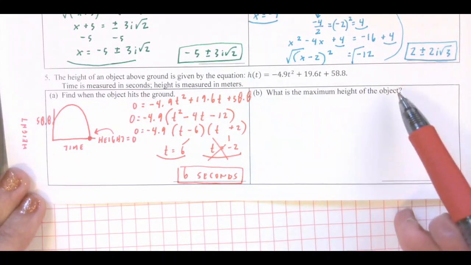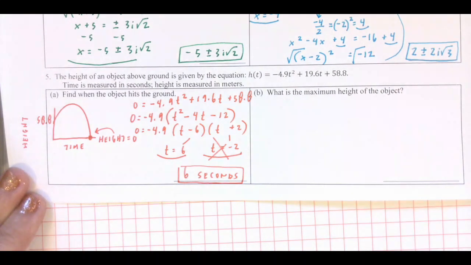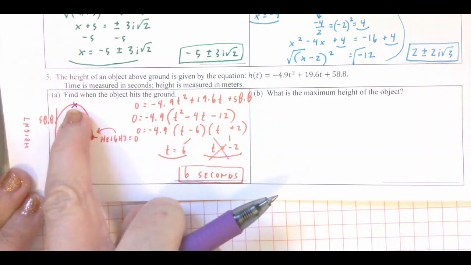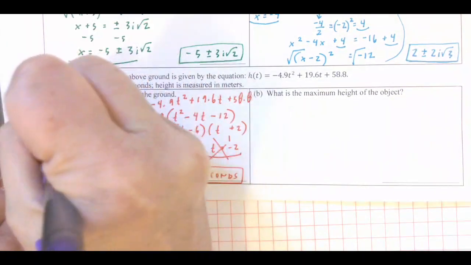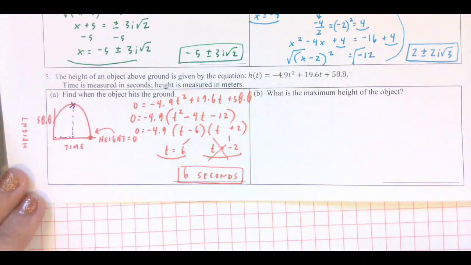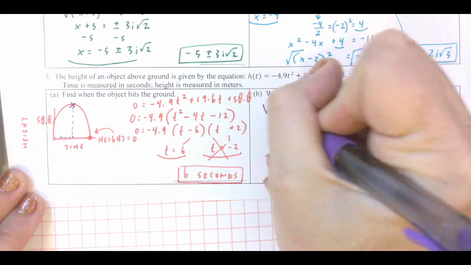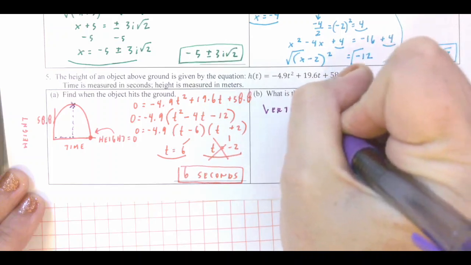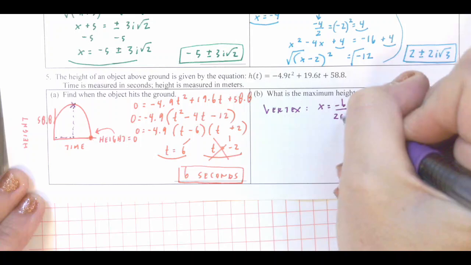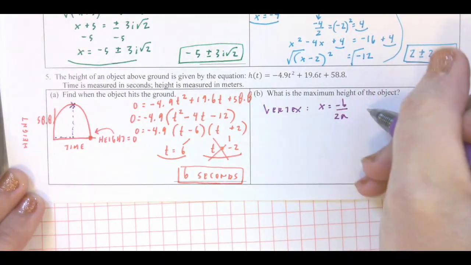Then I'm asking for the maximum height. Well, the maximum height is right here. I'm really looking at the vertex. So I need to know how long it takes to get to that maximum height. So when I get to my vertex, we're used to doing x equals negative b over 2a, but here we're talking about time.